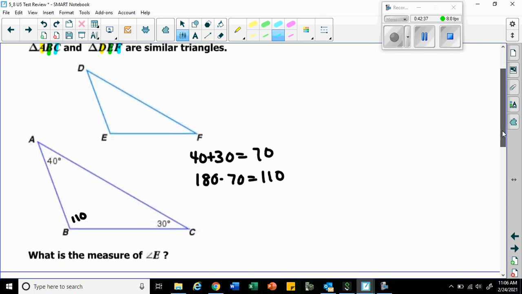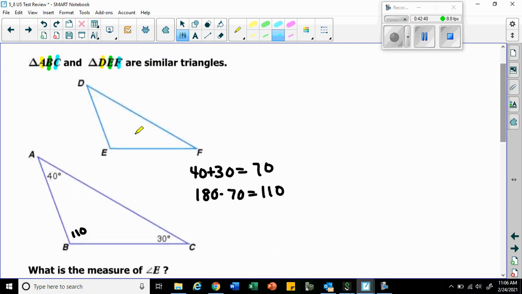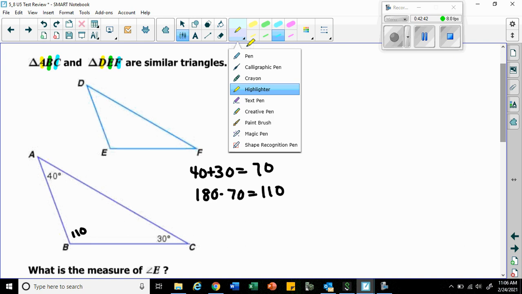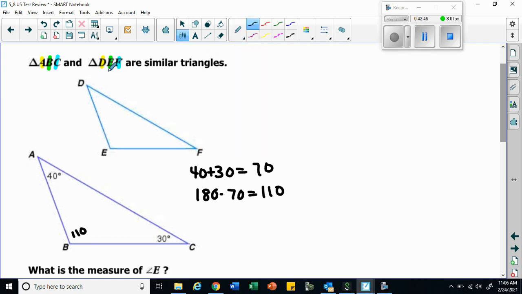So they want us to find the measure of angle E. So angle E is green. I need to find the other green in this triangle here, which is B. So I know that they're corresponding, meaning that they are going to be the same exact. So I know that my angle E is 110.